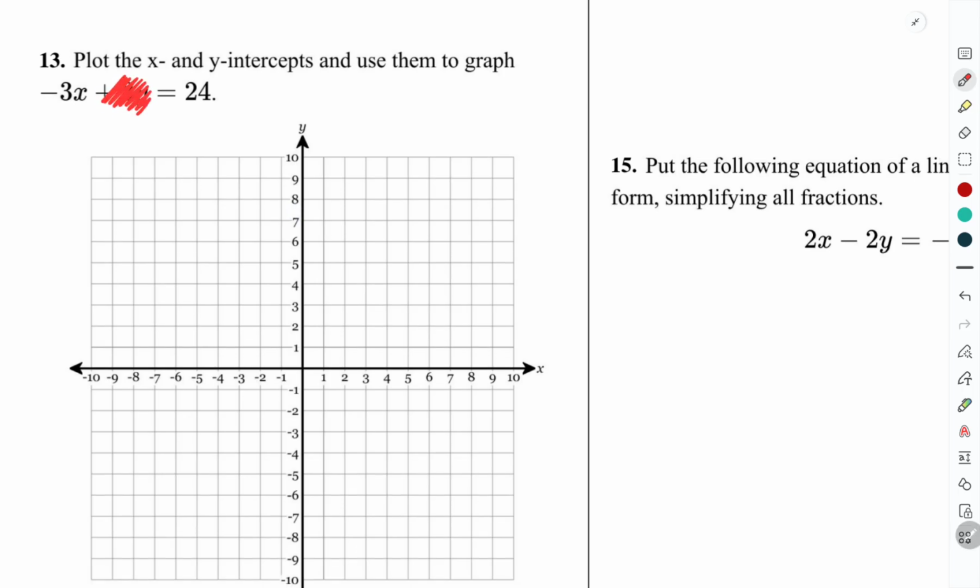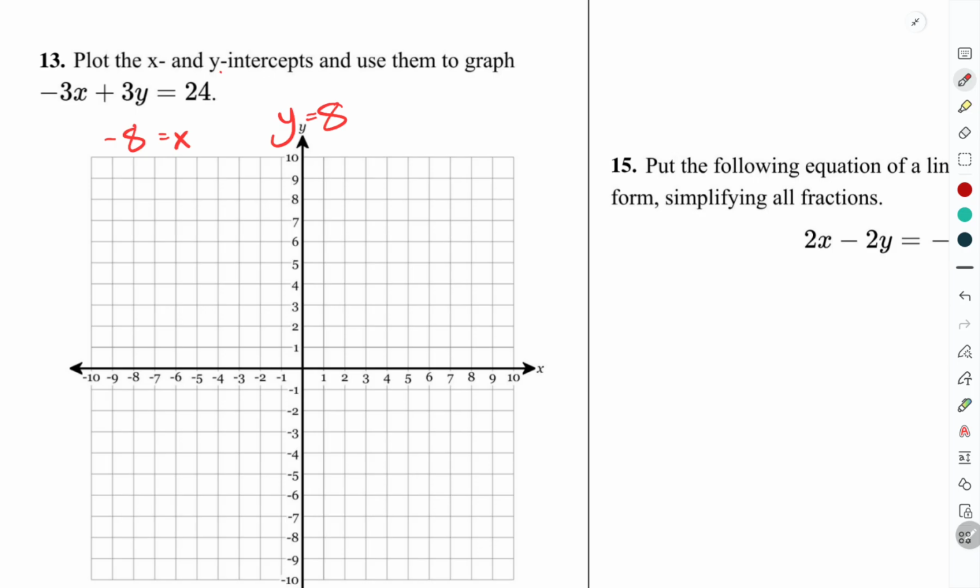So cover-up method, negative 3 times x equals 24. So negative 3 times negative 8 would be x equals 24. Then I'd cover up the other one. 3 times positive 8 is 24. Okay, that's one way to do it.